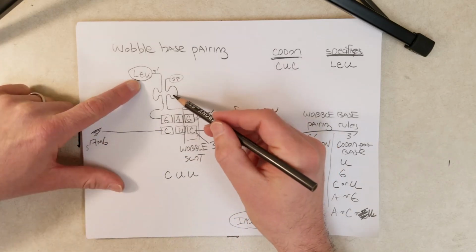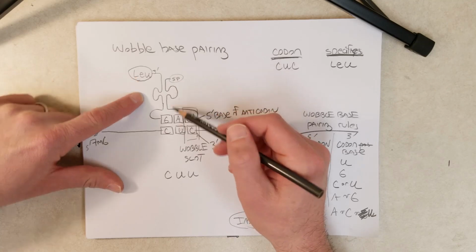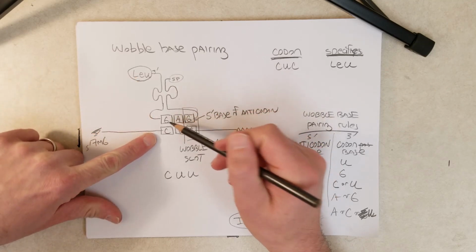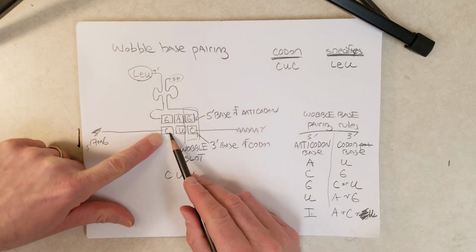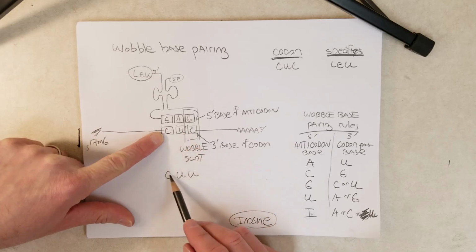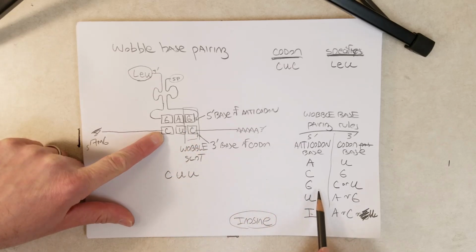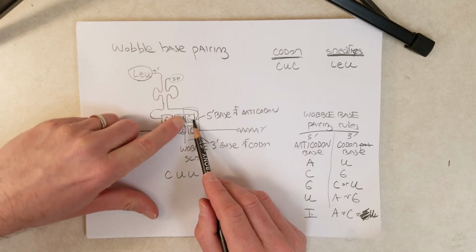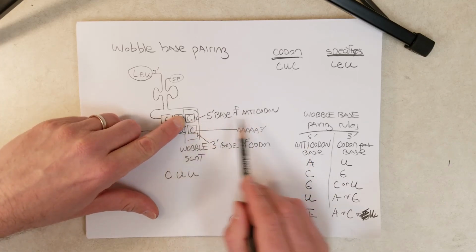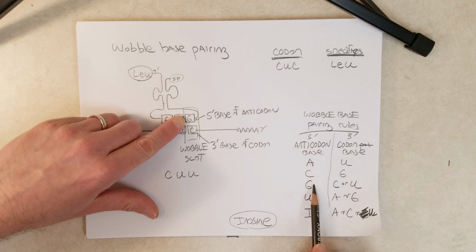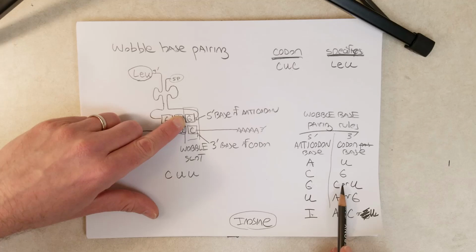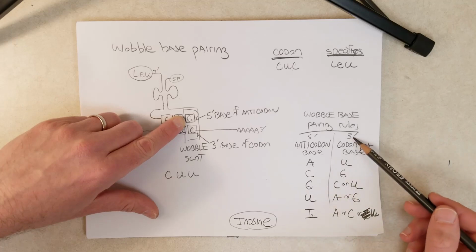So the single tRNA with a GAG anticodon can recognize CUC and CUU. Because we see the 5' base of the anticodon is a G. We can look down here, the 5' anticodon base is a G. We can recognize a C or a U for the 3' codon base.